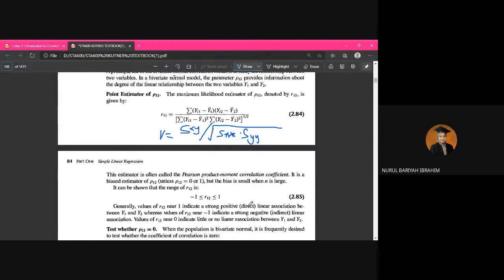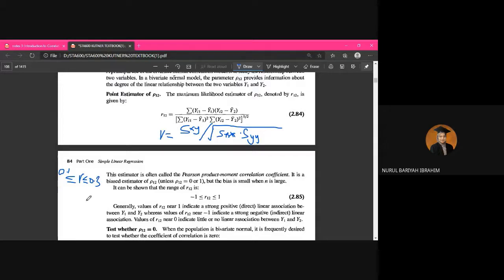So if R equals 0, it means there is no linear relationship between X and Y. Okay, if R is between 0.1 and 0.3, there is a weak positive relationship between X and Y.